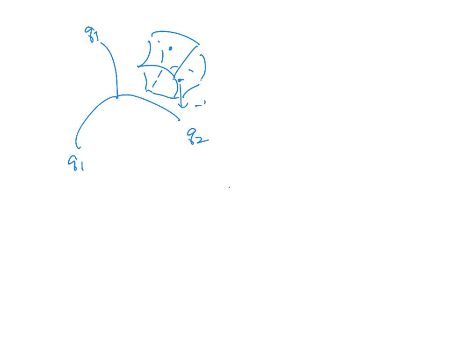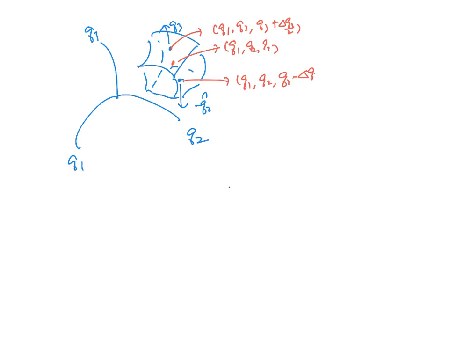This is minus Q3 direction. This is Q3 direction. If you set the center as Q1, Q2, Q3, then this point will be Q1, Q2, Q3 plus delta Q3 over 2, right? This point will be Q1, Q2, Q3 minus delta Q3 over 2. And this is H1 delta Q1, and this is H2 delta Q2.